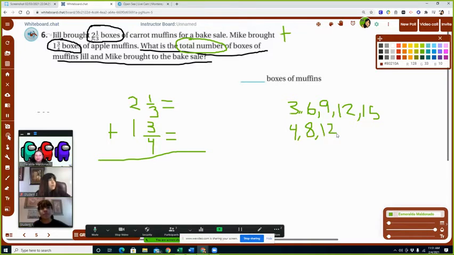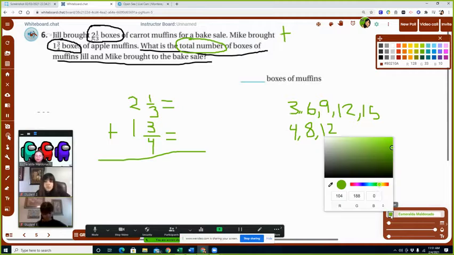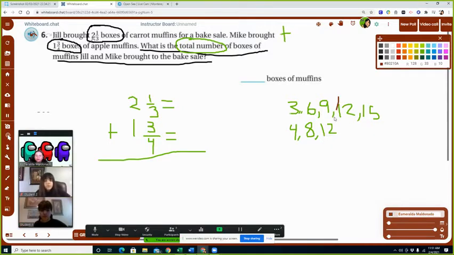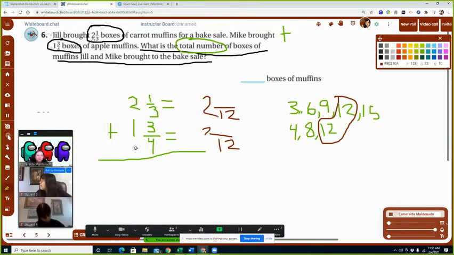And I already see a common one, right? So I can stop there. Our common multiple here is 12. So I'm going to use 12 as my denominator for my equivalent fractions. And remember that the whole number we will carry over, it will be the same. Oops, not a 2 there.